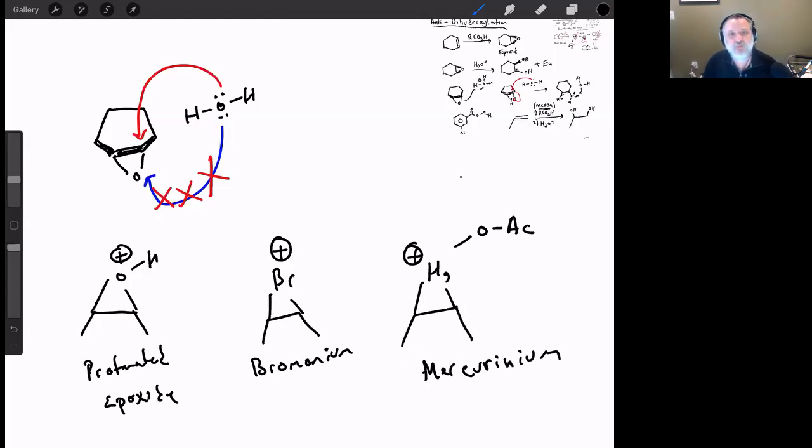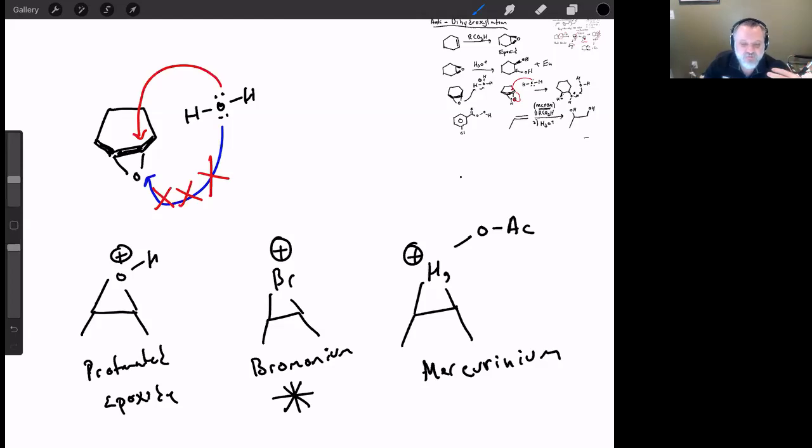So remember that I didn't specifically ask you to know the mechanisms behind any of these except for this one, and halohydrin formation and bromination or halogenation. But for all of them, you should definitely keep in mind this key point, that it involves this cyclic intermediate. And this cyclic intermediate produces anti-products. And so remember that knowing the details behind some of the intermediates in the mechanism really does help explain the stereochemistry.